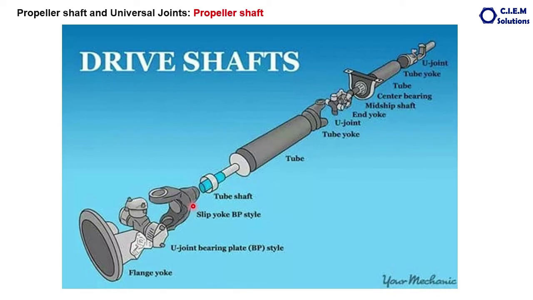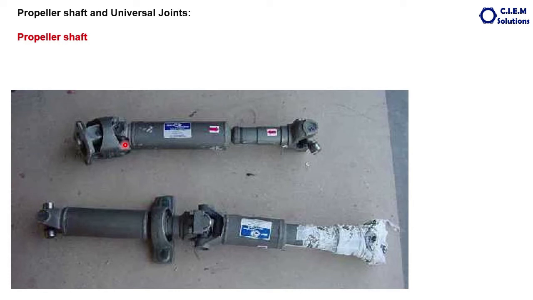And this is the yoke, and this is the shaft, and same this end also is the yoke. Both sides the yokes are welded to this propeller shaft by adopting a special welding process. Propeller shaft is a single piece, this is a two-piece propeller shaft.